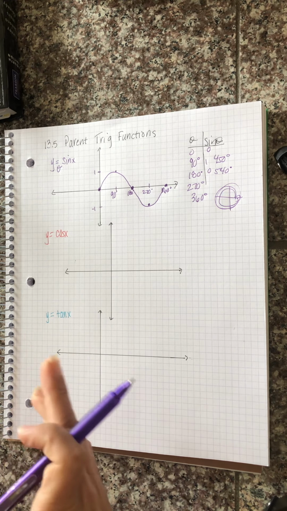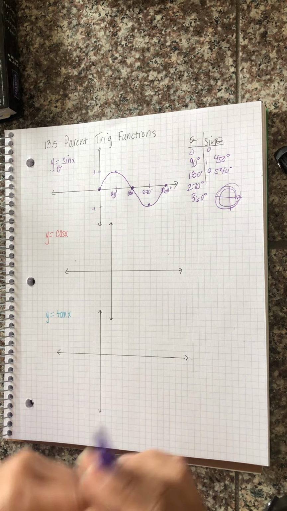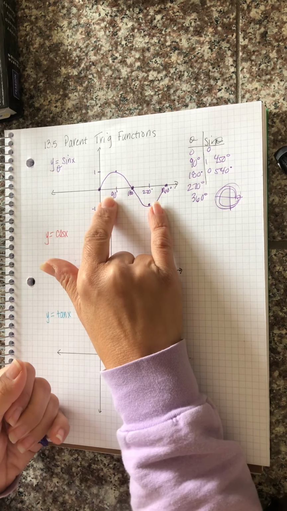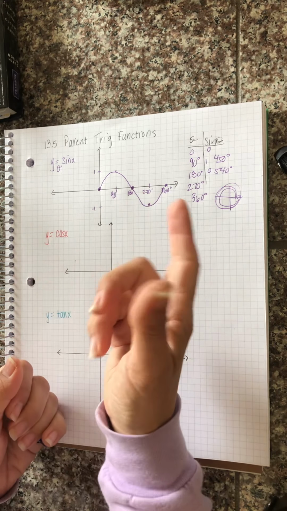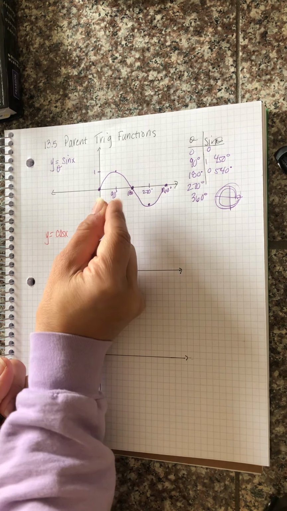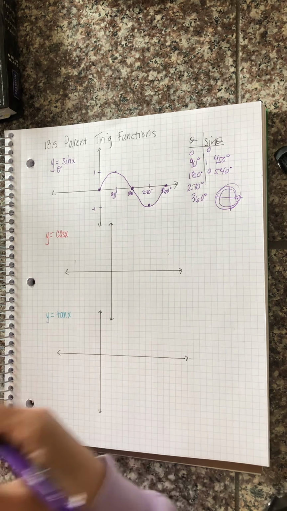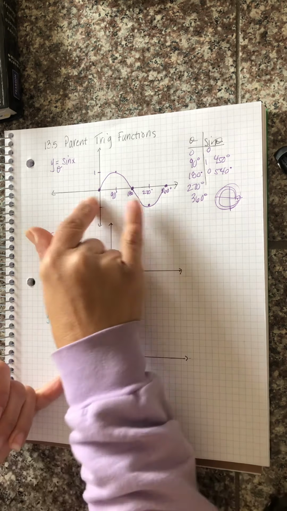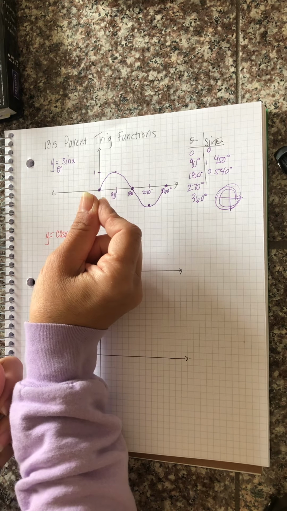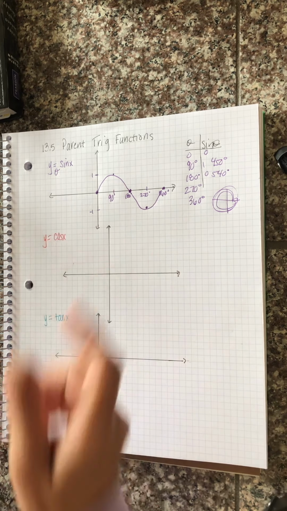So this is your parent sine wave, and it has a couple key features. One of them is called the period. You know how I just said that with higher pitched notes, the wave is more compressed, and in lower pitched notes, the wave is more spread out? That's called the wavelength. Make sense? If it's closer together, the wave is compressed and the wavelength is shorter, and for a lower pitched note, the wavelength is longer.